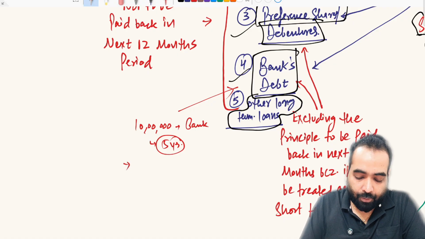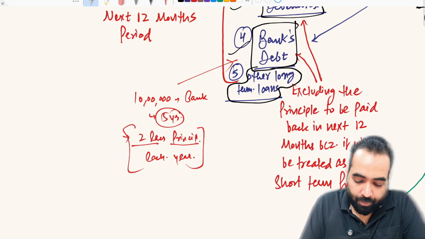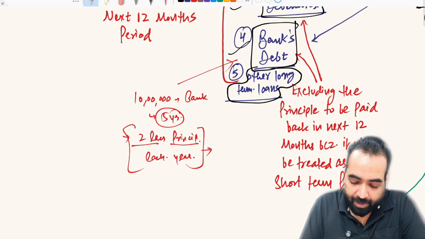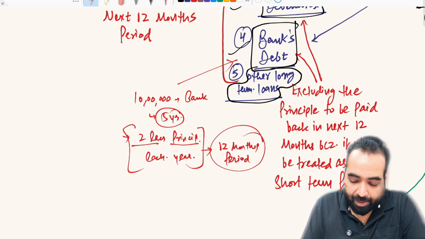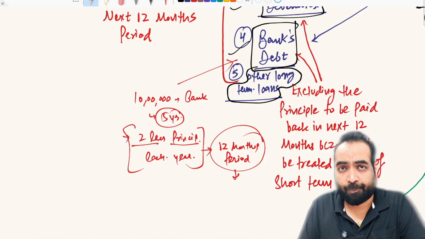That means you are returning 2 lakh rupees principal each year, right? So these 2 lakh rupees principal that you are returning each year is payable in a 12 months period. You are paying 2 lakh rupees in a 12 months timeline, right?